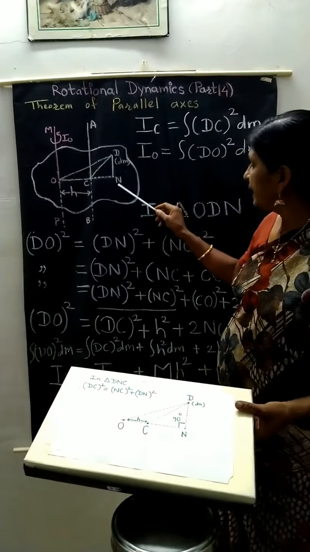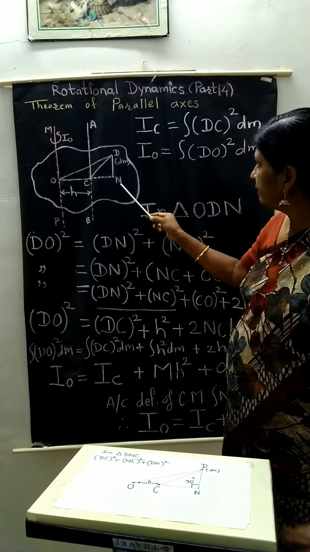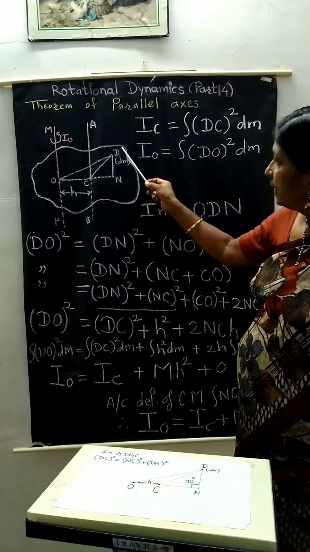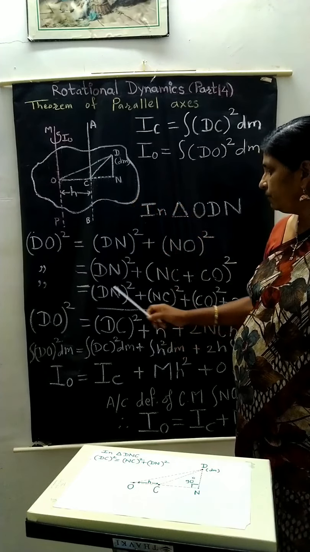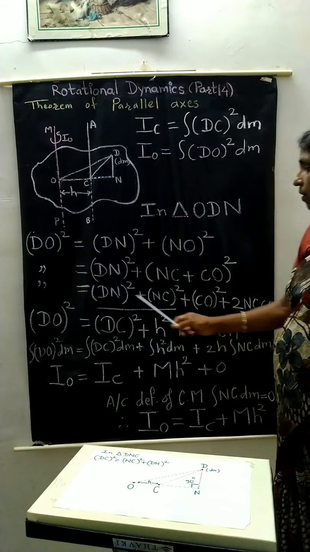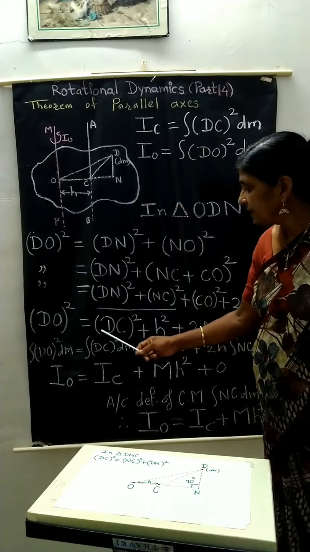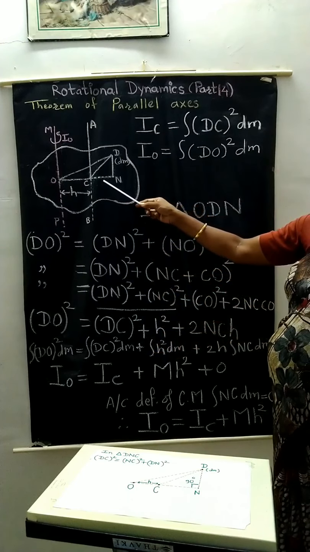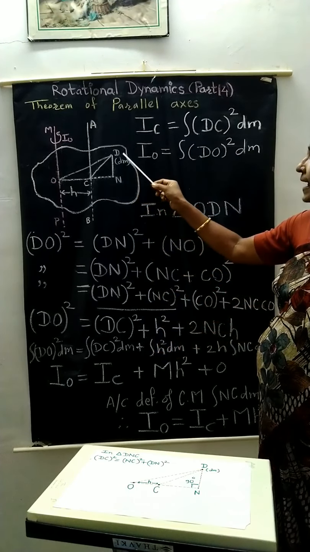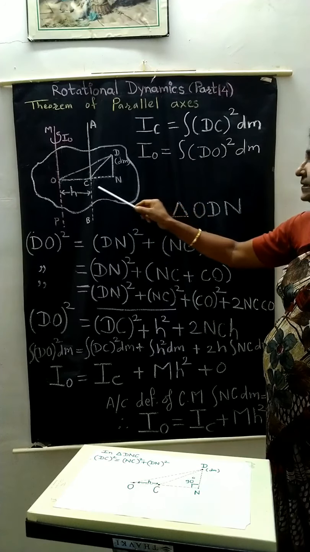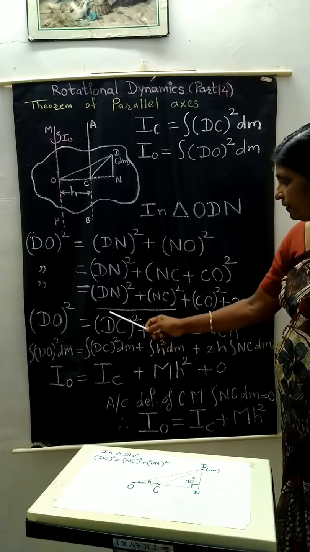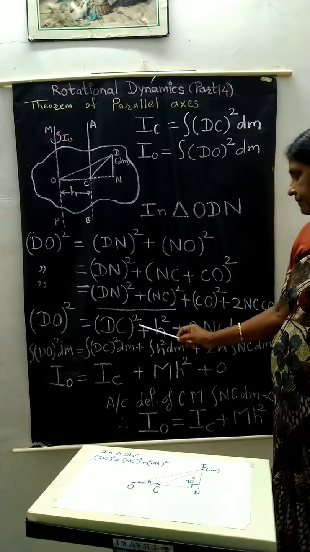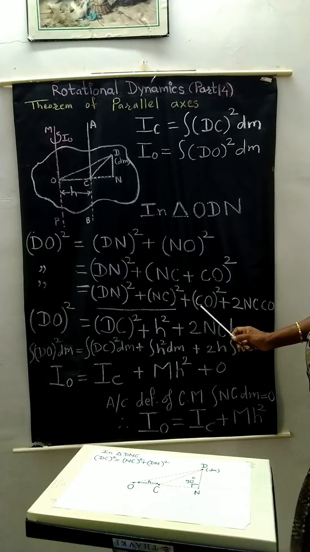It means we can replace this DN square plus NC square by DC square. So we have replaced the sum of the squares as DC square by using the Pythagoras theorem applied to this triangle DNC. So here we have written for these two terms DC square plus for OC.